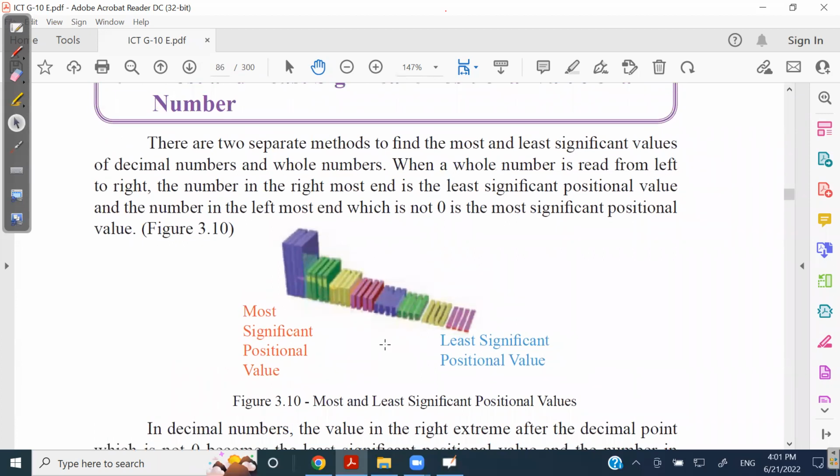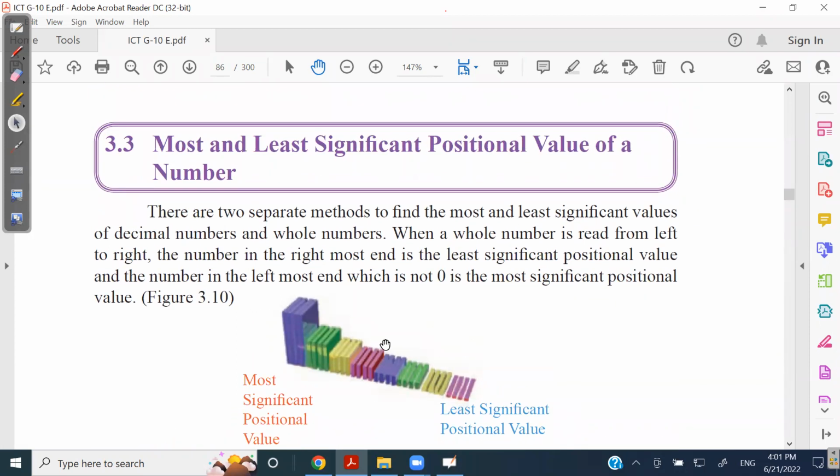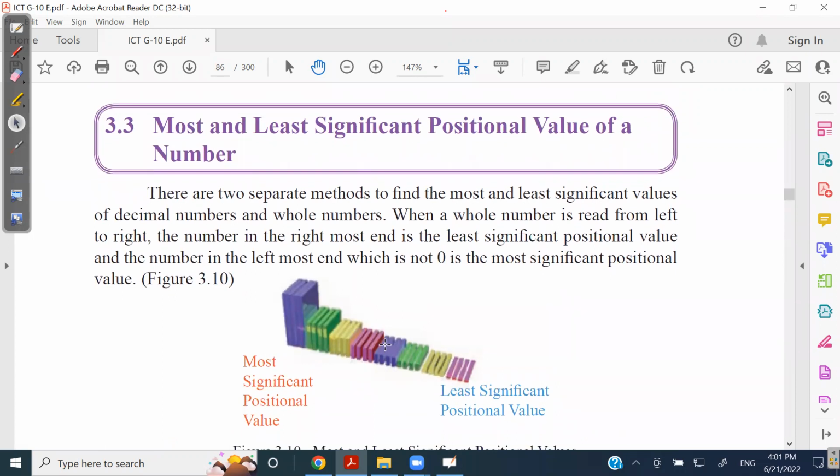These terms are derived out of the most significant positional value and the least significant positional value. They describe which has the highest value and which has the lowest value regarding a particular number, right?